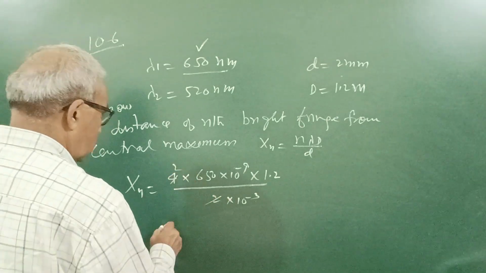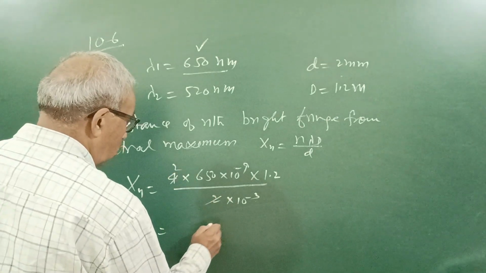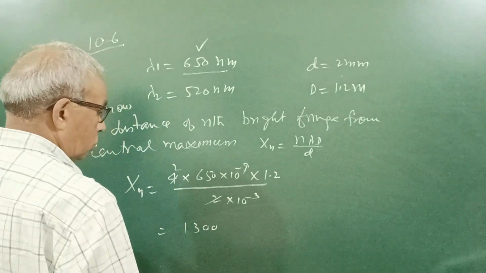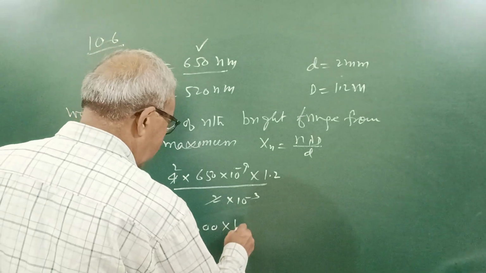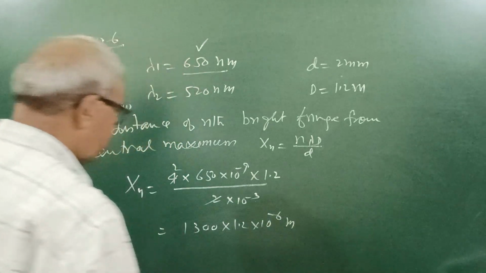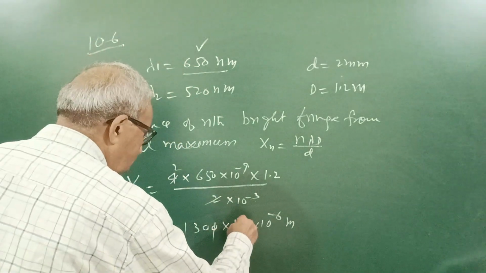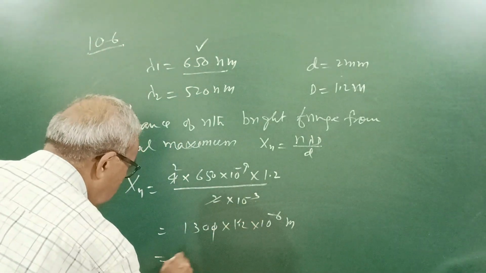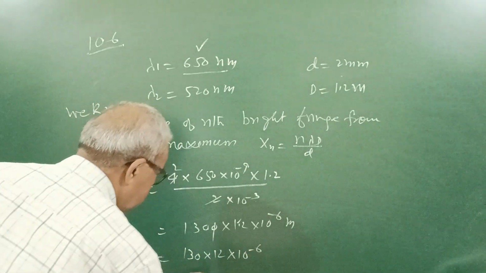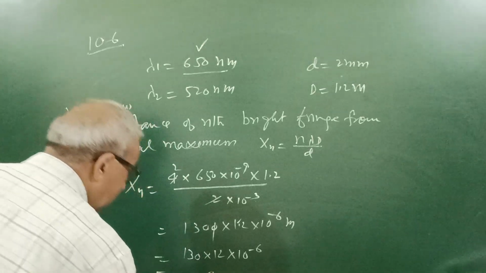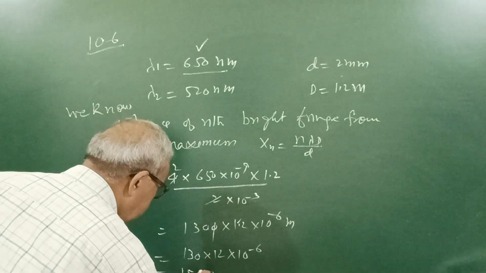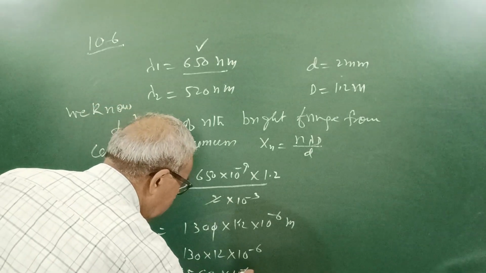The decimal disappears, and we get 10 to power minus 6 meter.